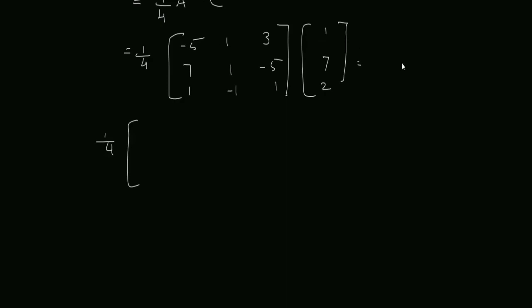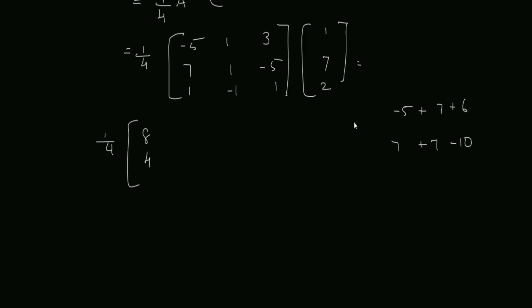Minus 5 into 1, that is minus 5, plus 7 plus 6. So 13 minus 5 is equal to 8. Second row: 7 into 1 is 7, 1 into 7 is 7, minus 5 into 2 is minus 10. So 14 minus 10 is equal to 4.